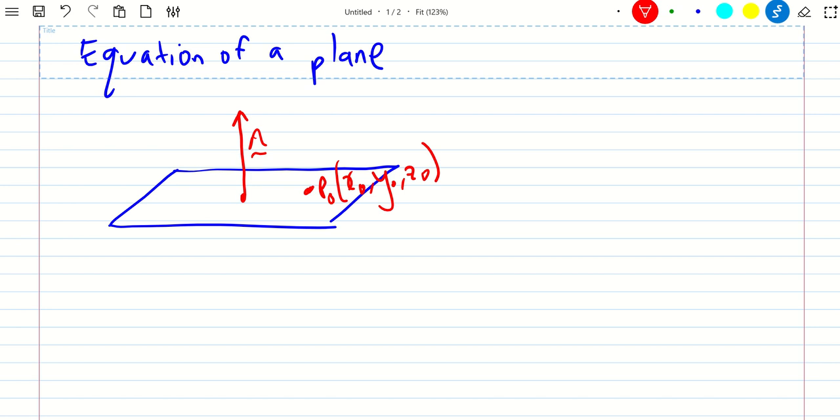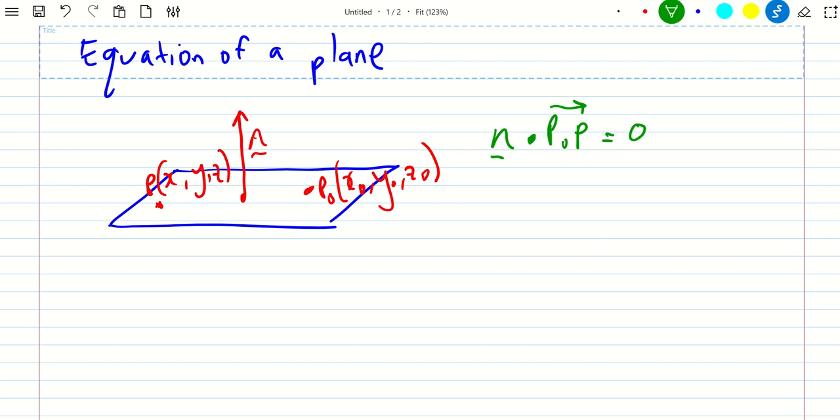Then if you've got another point, your general point P, x, y, z, that normal vector will be perpendicular to the line between P and P naught. So what we know straight away is that the normal dot the vector from P naught to P is equal to 0.